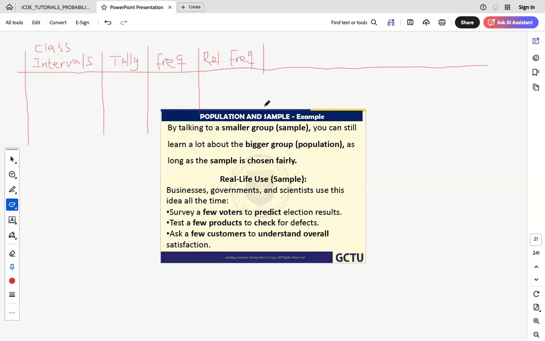Then the next will be our percent frequency. Then after the percent frequency, we'll have our cumulative frequency.